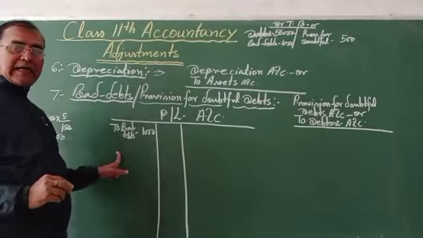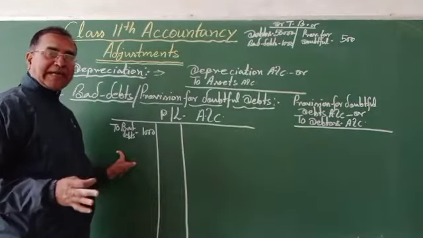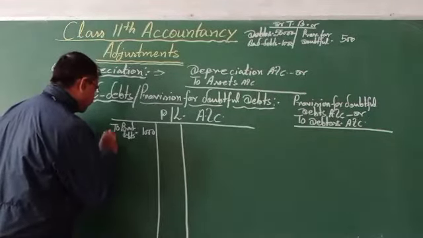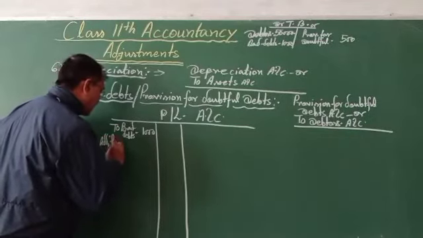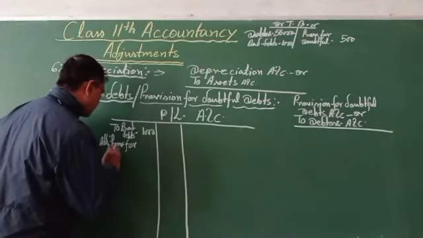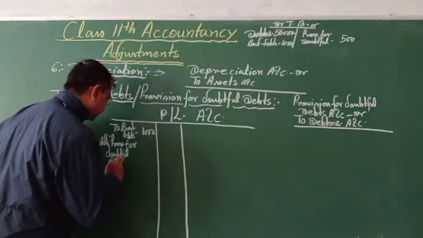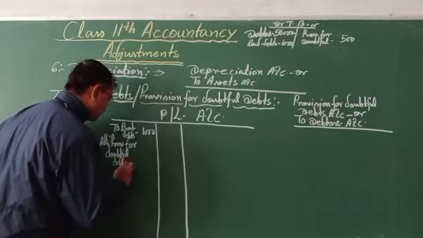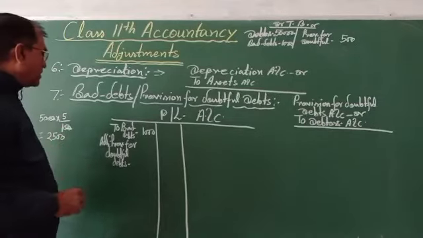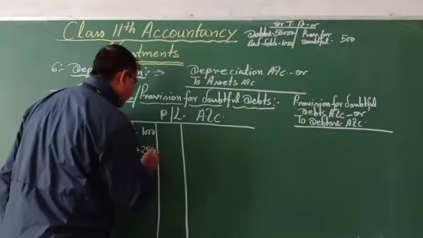So it will be added to bad debts. Then add provision for doubtful debts: 1,000 plus 2,500.